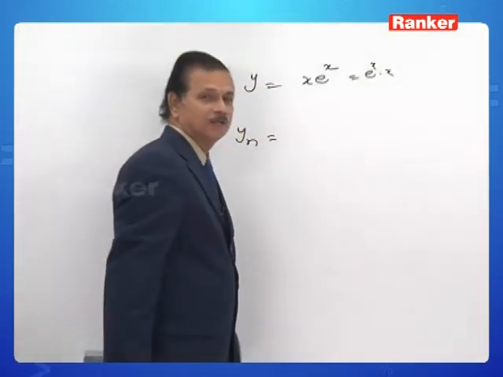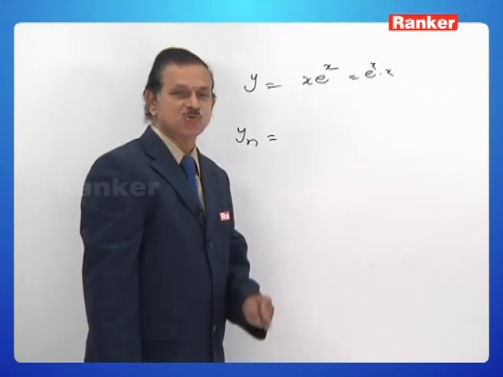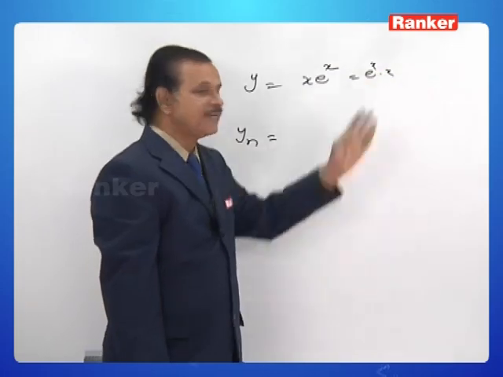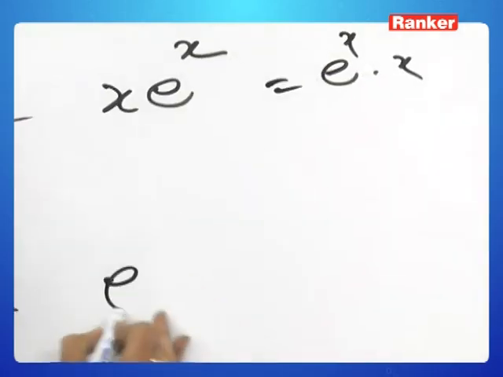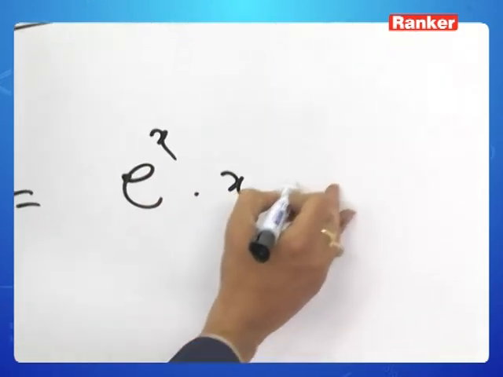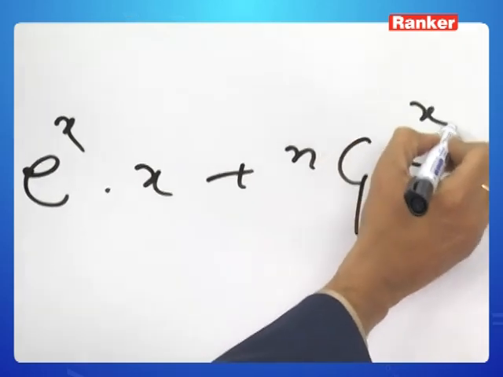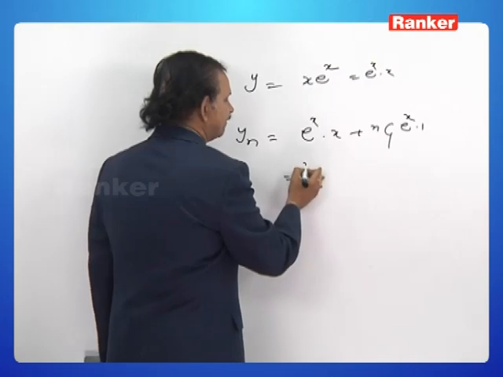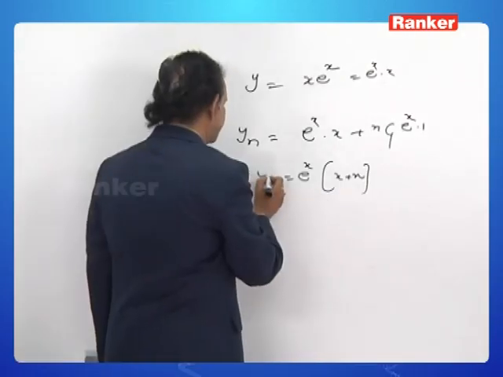Because we would like to keep the function whose derivatives decrease continuously in the second place. The nth derivative of e^x is e^x into x, plus nC1 into the (n-1)th derivative, which is also e^x into 1. Stop. So it is e^x into (x plus n). How beautiful it is.